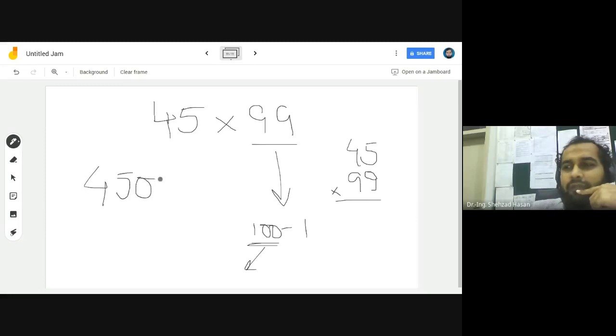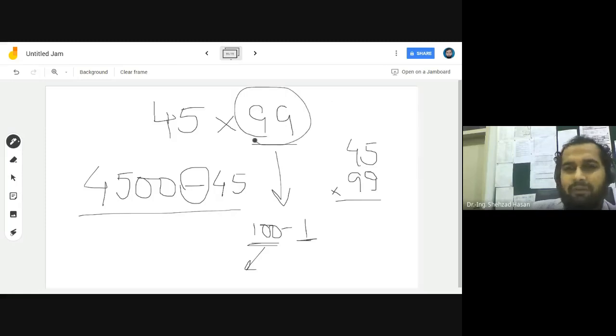So that becomes 4500 minus that 1 here, which is going to be 45, right? So instead of having two different addition operations, you have converted into a single subtraction operation. So two operations convert to one operation, but this is only for special numbers which are closer to that base. Okay, 98 could be done in the same way as well. So 98 would be 100 minus 2.